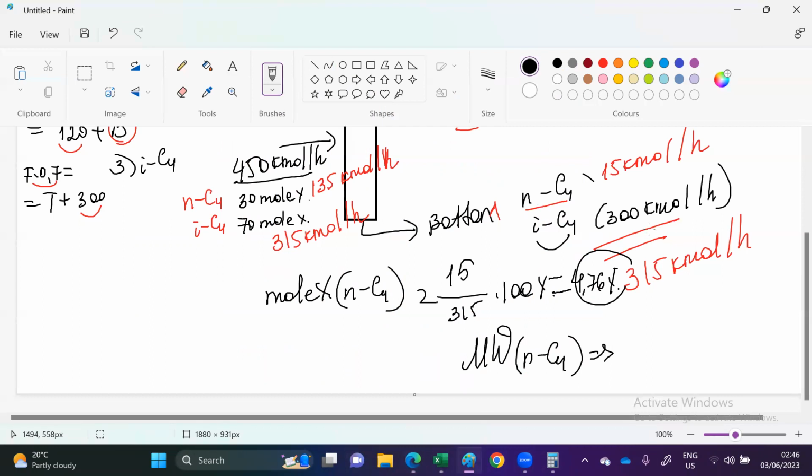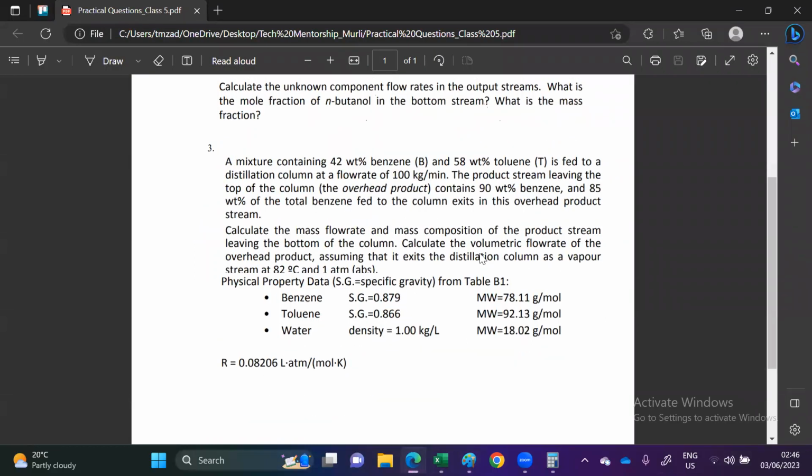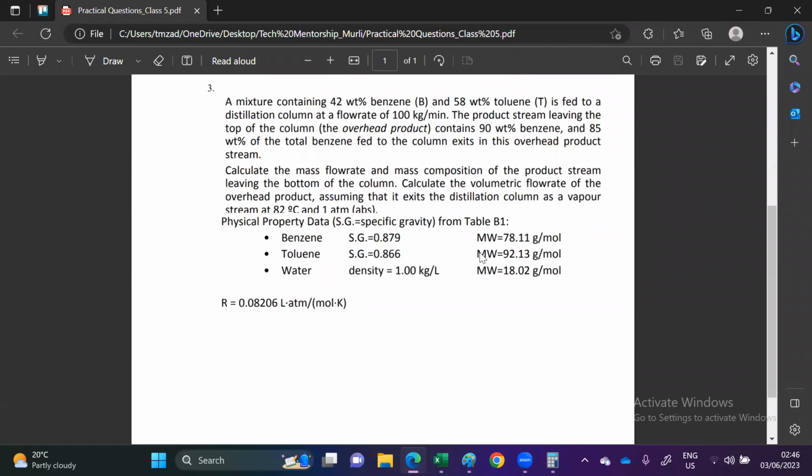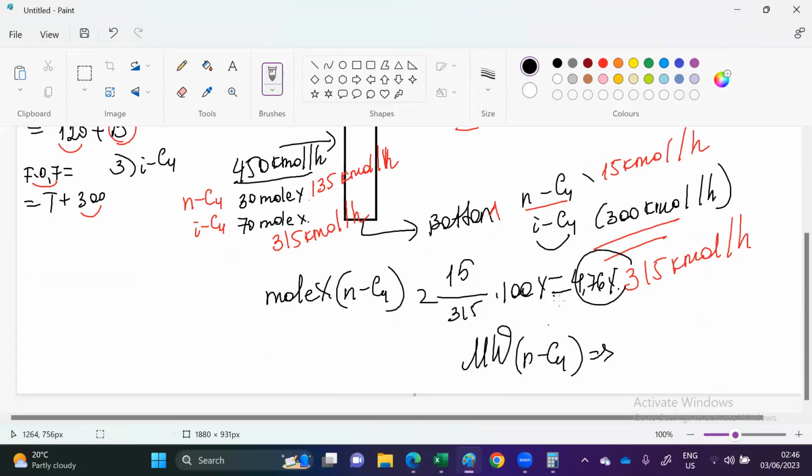It's here. It should be given here, but it will be approximately 74 if I don't mistake, but physical property data B1. Okay, it's 74. Yes, I checked it, it's 74. Let's go back. This is 74 kilogram per kilomole.